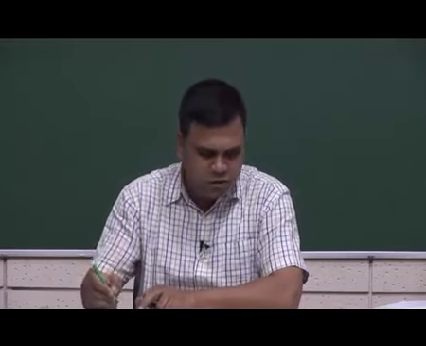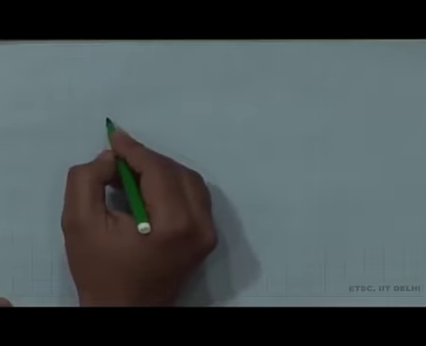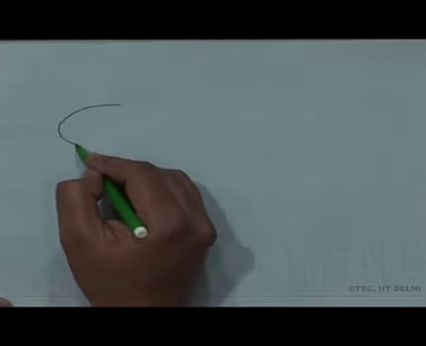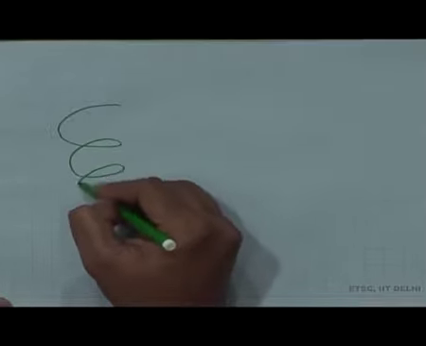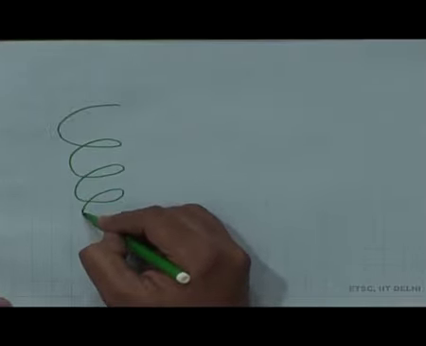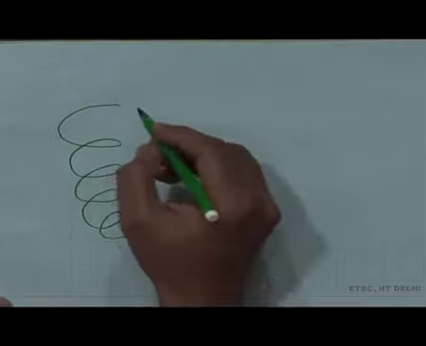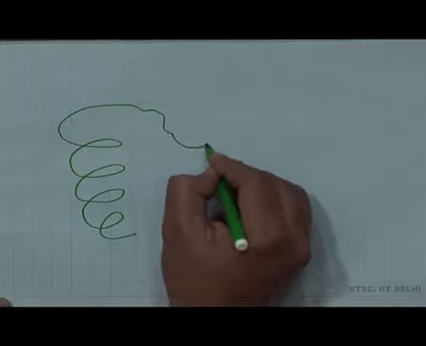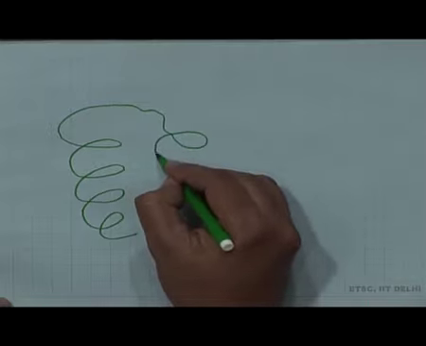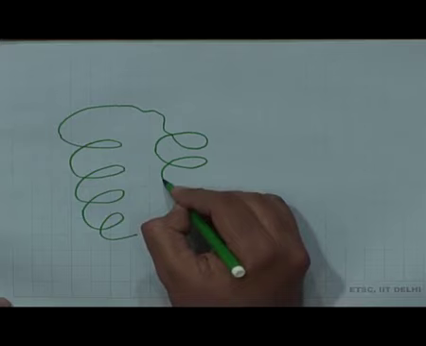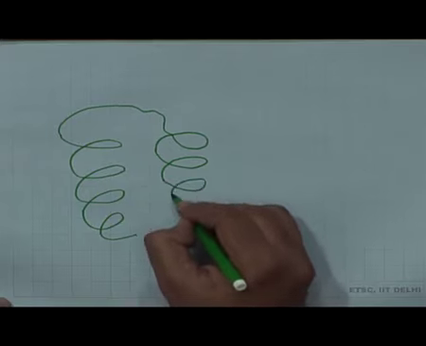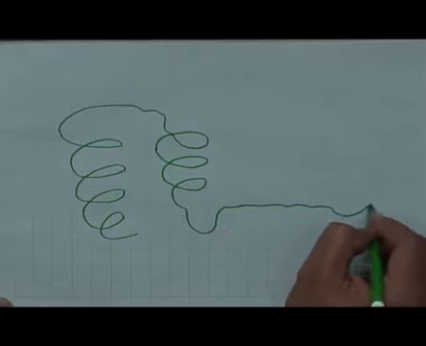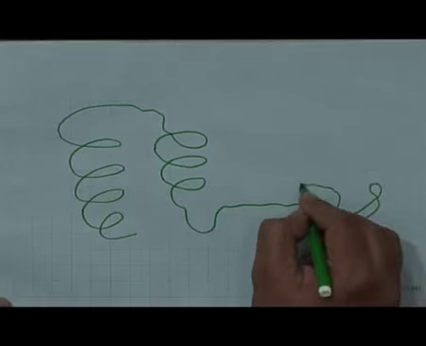So, let me draw this structure. Please see this drawing carefully. Here I am making the helical structure, to basically repeat the alpha helix as I mentioned in the tertiary structure, and then I talked about the beta pleated sheet over here.